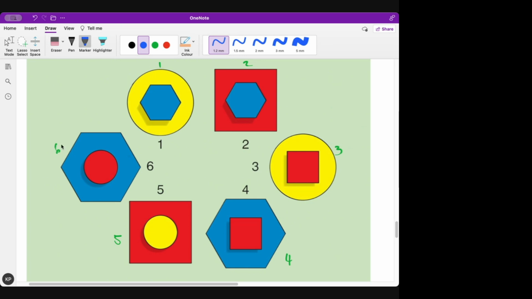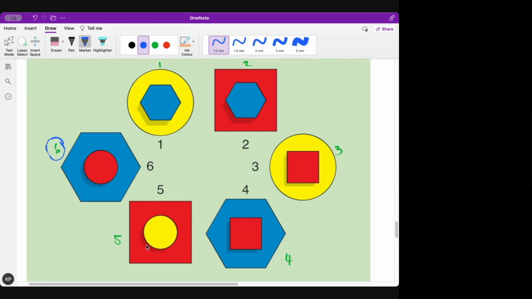Okay, Marlene says 6, and so does Alice, and so does Sinubuhle. Why do you guys say 6 is incorrect? Red circle! That's correct, guys. If you look here, all the circles are yellow. Yellow, yellow, yellow. All the squares are red.